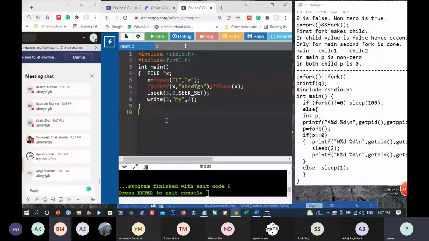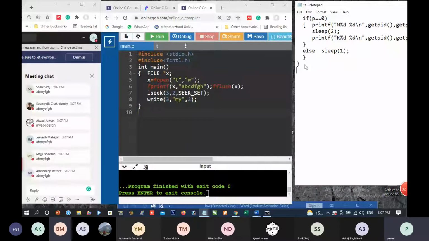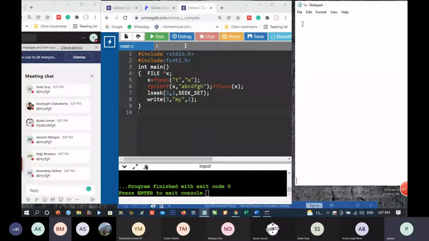Correct. Now let us see what is the reason behind it. We shall understand the reason of that. Yes, we shall understand it.